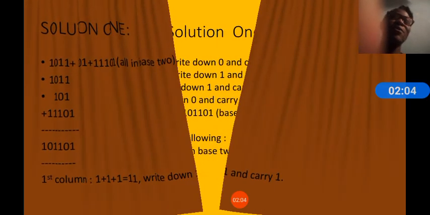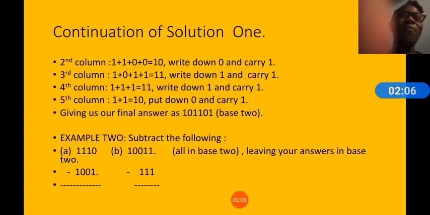Also, in the second column, we have 1 plus 1 plus 0 plus 0 equal to 10. What we need to do here is to put down the 0, which is the last digit, and carry 1. Then in the third column, we have 1 plus 0 plus 1 plus 1 equal to 11. Write down the 1, that is the last digit, and carry the other 1.